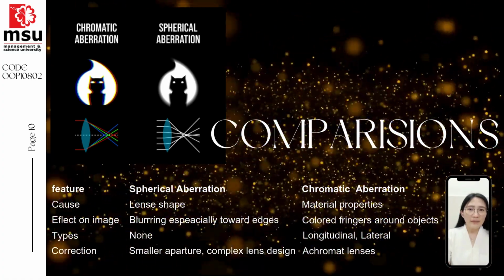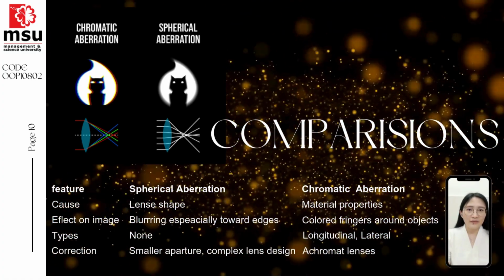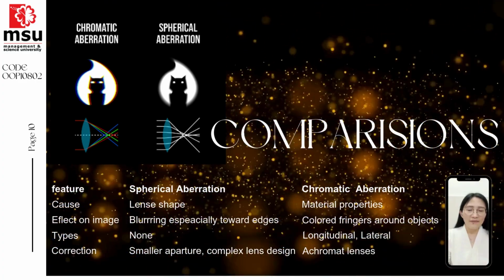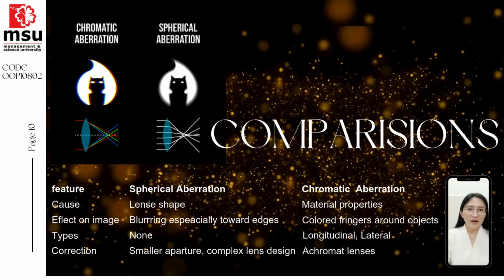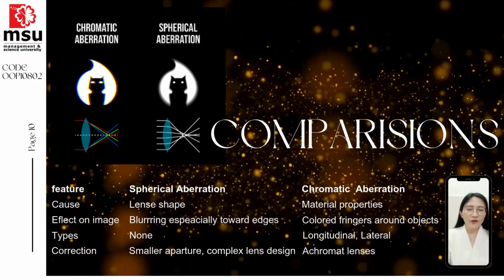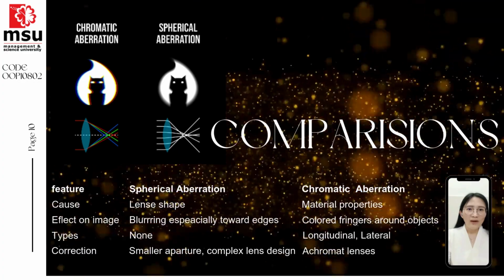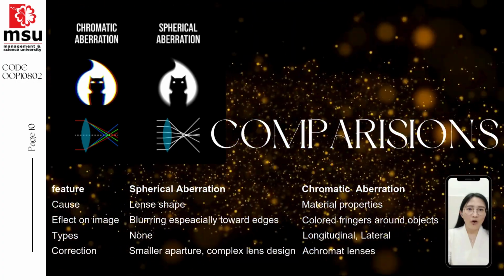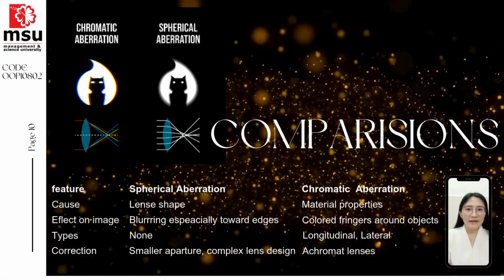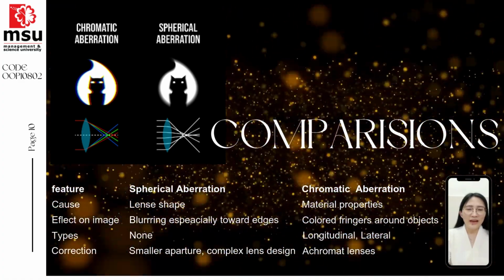However, chromatic aberration doesn't care about the lens shape; it is caused by the material properties of the lens. Different colors of light have different personalities. Some have shorter wavelengths, while others are longer and more relaxed, and bend at slightly different angles when they pass through the lens material.